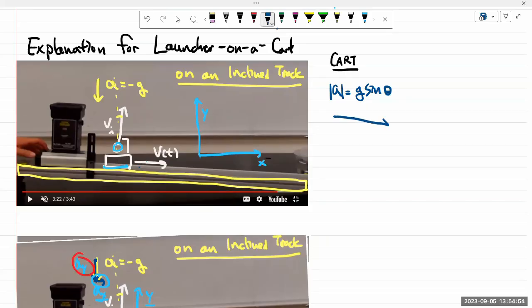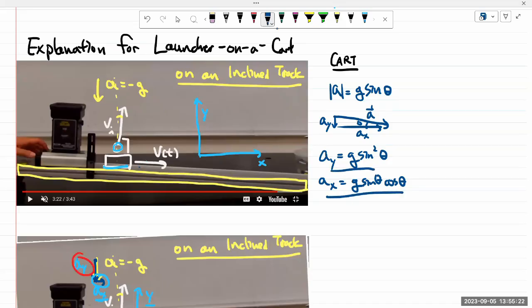If I imagine acceleration as a vector like this, it'll have this leg and it'll have this leg, a_y and a_x. And this is still the same angle theta. So my a_y will be this hypotenuse times sine theta, so it'll be g sine squared theta. My x component will be g sine theta cosine theta.